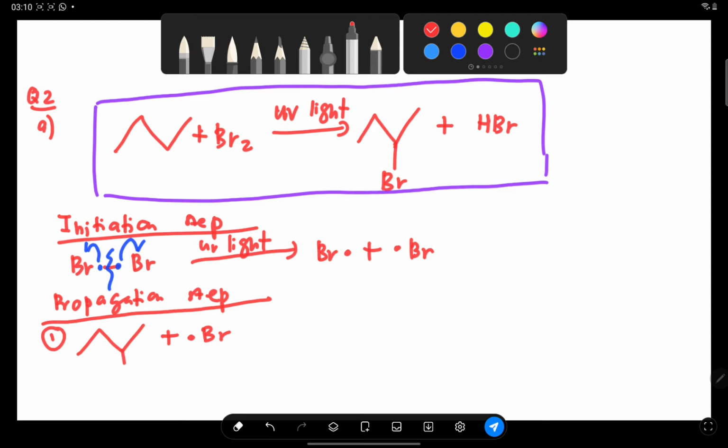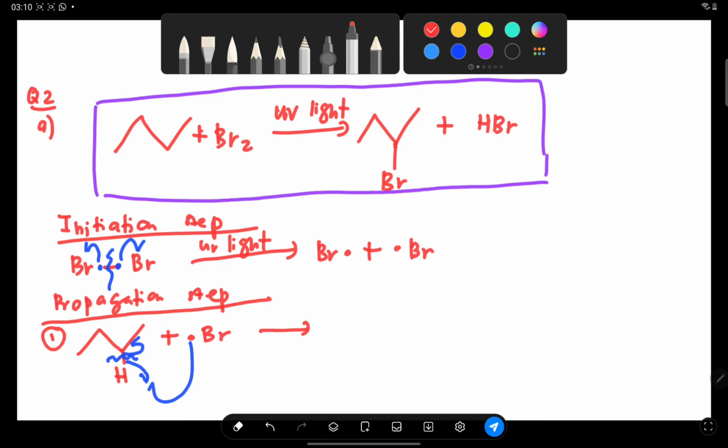The bond will break here, one electron goes here and one electron goes here.